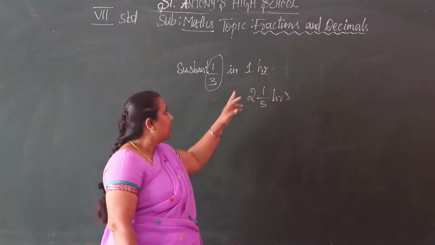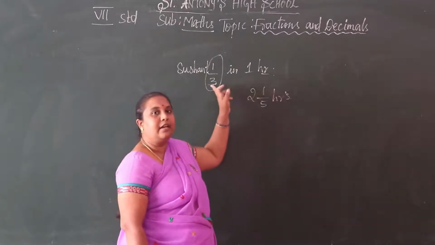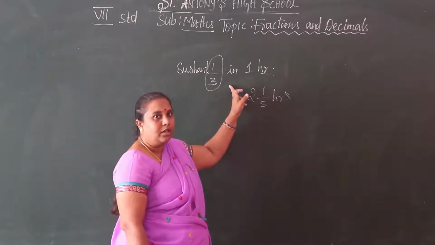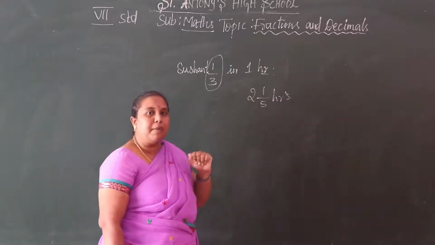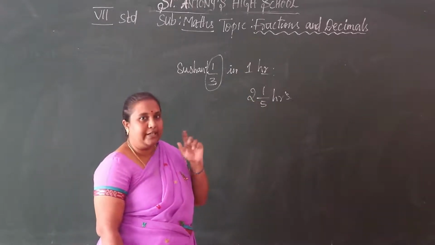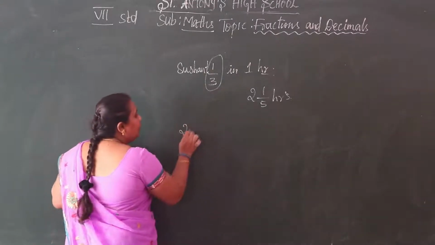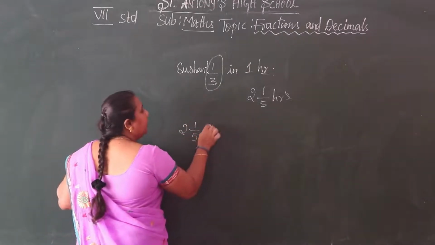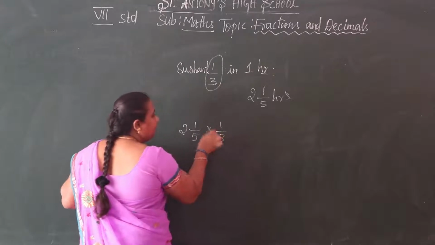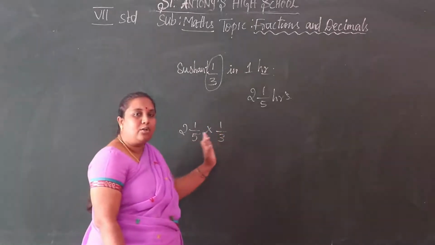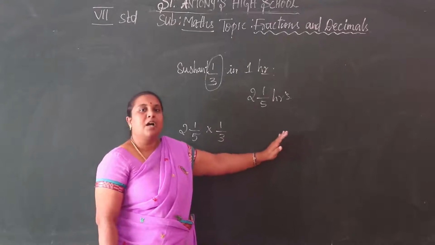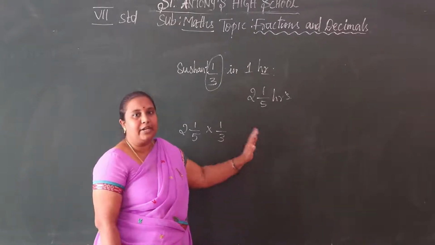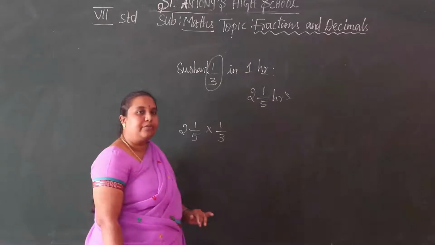So in 2 into 1 by 5 hours, how much part of the book will he read? That is 2 into 1 by 5 hours into 1 by 3. We multiply this and we get the solution, that is how much part he has to read.